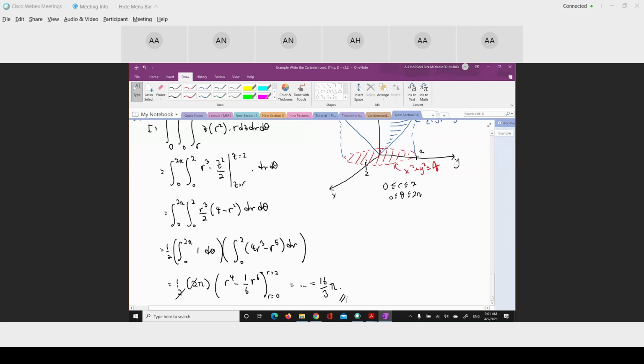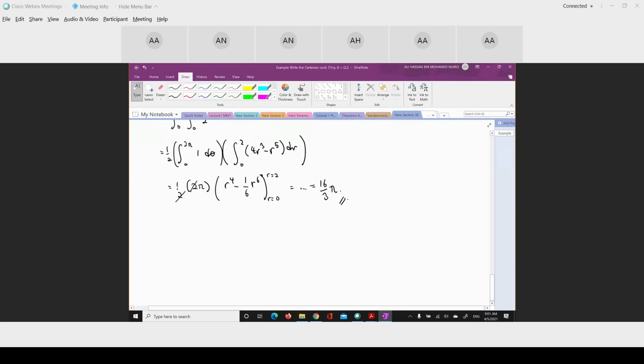No question, sir. Okay, if there's no question, let's look at another example, related to density, related to mass and center of gravity.